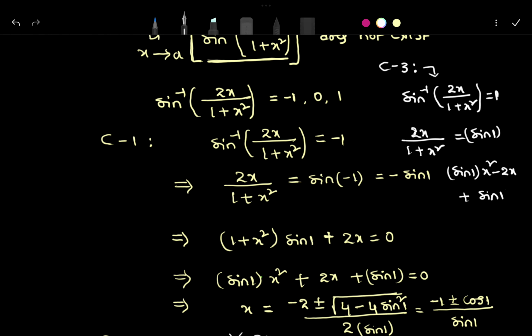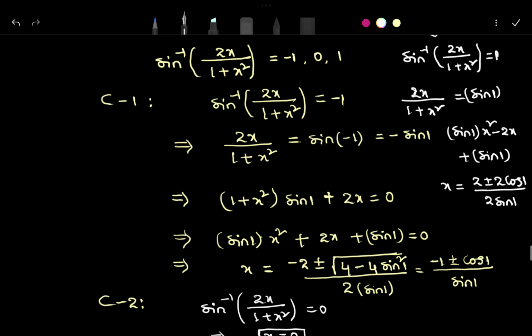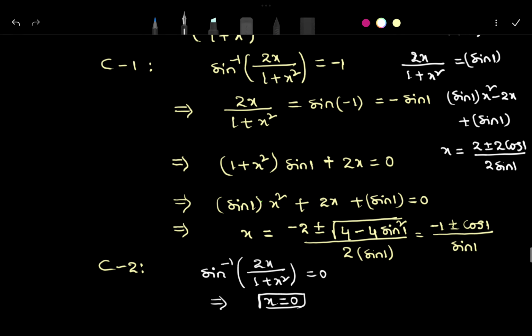Here also you get 2 x values, x is equal to 2 plus or minus 2 into cos 1 whole divided by 2 into sine 1. So how many x values in case 3? 2 x values. So totally, x values means a values.